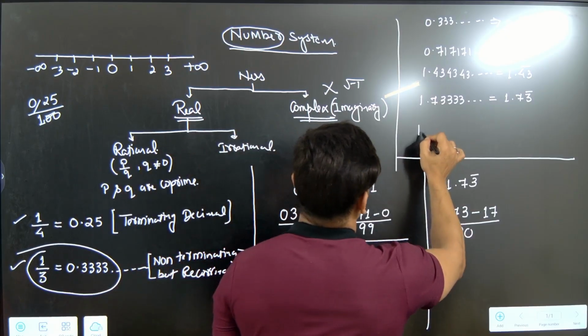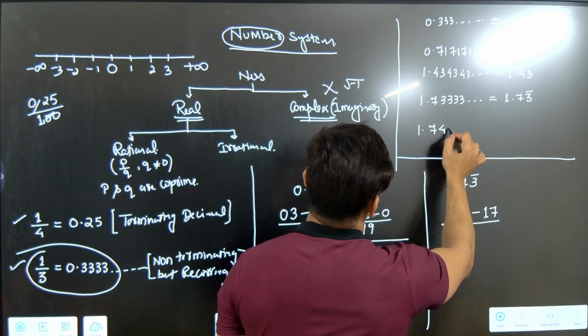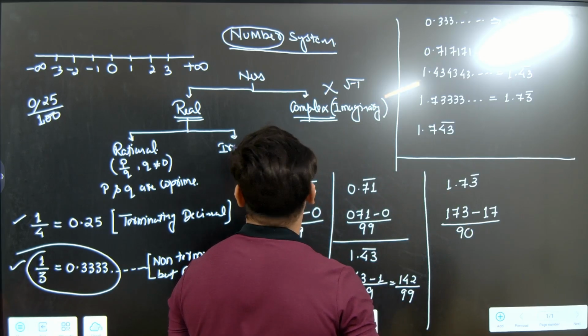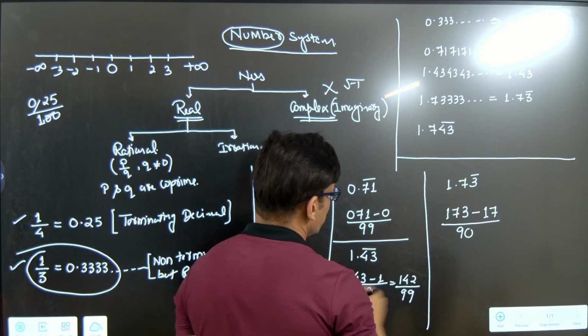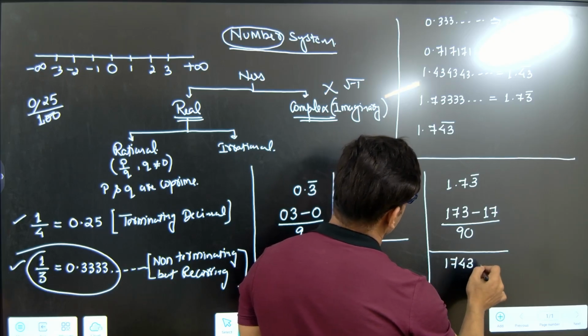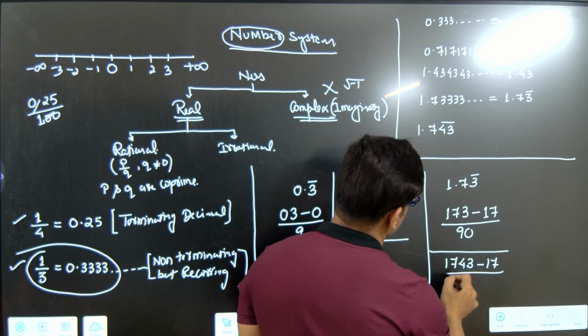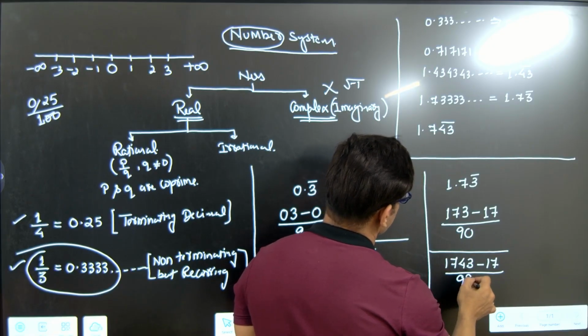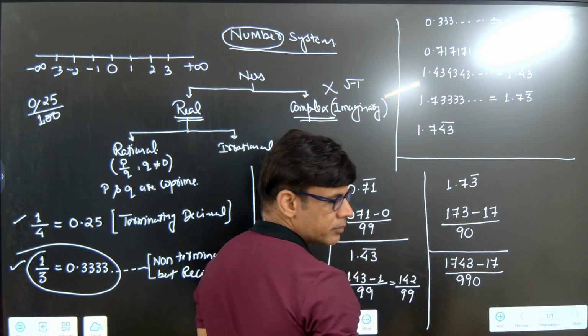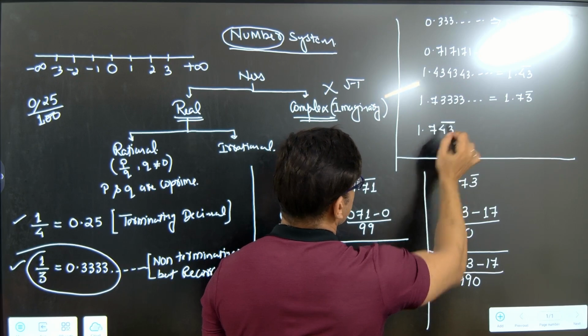For example, if I have, let's say, 1.743 bar, I'm going to write 1743 minus 17 divided by 990.